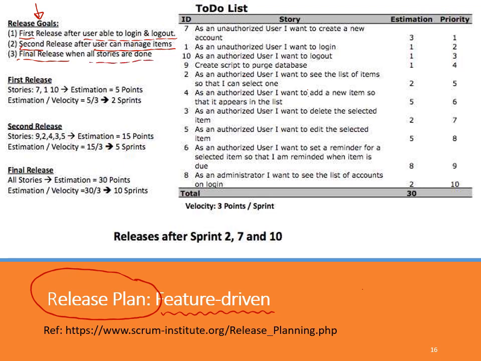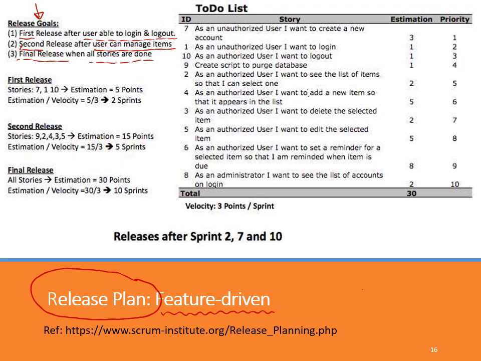Okay, so based on these features, this is how we define when to make a release. That is when these features are complete in the first, in the second, and in the final release.